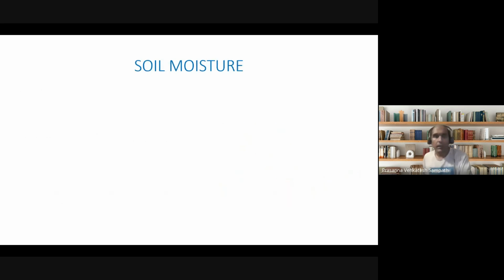Okay, all right. So I don't know if I have time for this. Let's just quickly wrap up. Soil moisture. Now, soil moisture is one of the ways in which we distinguish between a sample that is in the unsaturated zone versus a sample that is in the saturated zone.